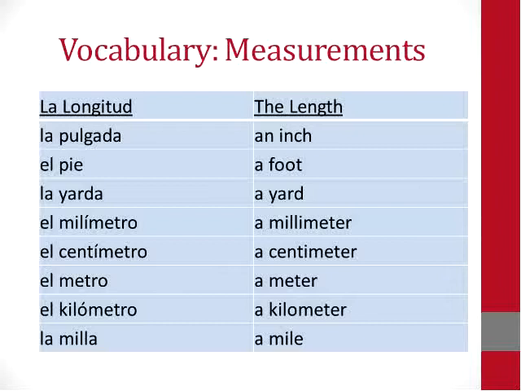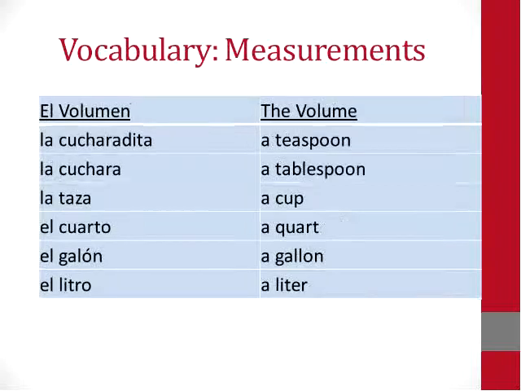mile. So you can see we see the words here, metro, metro, metro, metro. So you kind of understand that that's equivalent to meters here. So you just need to figure out at the beginning what they're referring to. It's easier to memorize, I believe, the measurement. Okay. Then we have the volume, el volumen.